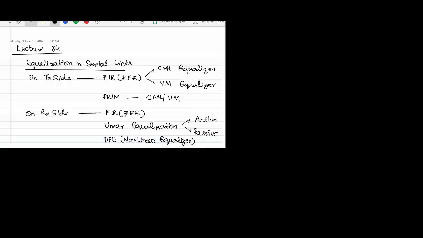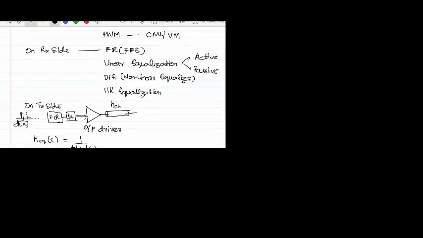Now in this particular case, if I call the input bit stream D of n, then the output bit stream of the FIR filter, let's call this D equalizer of n, is equal to the convolution of D of n with H equalizer of n.